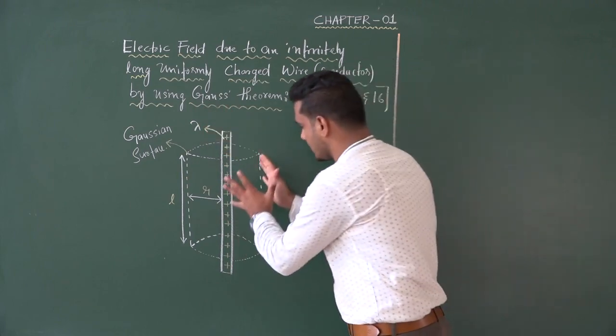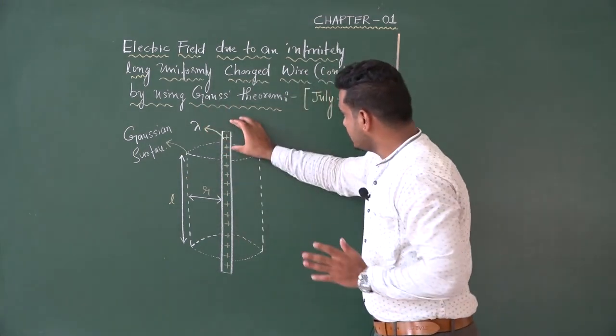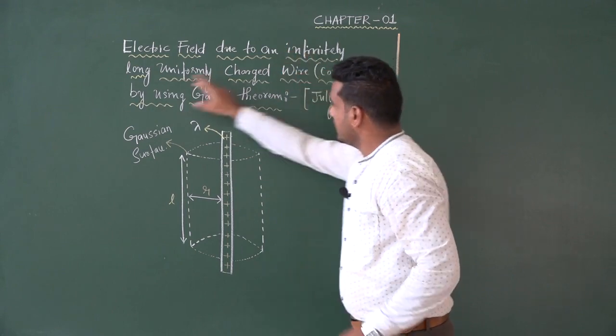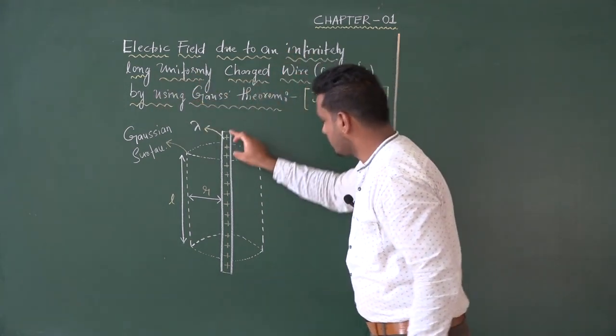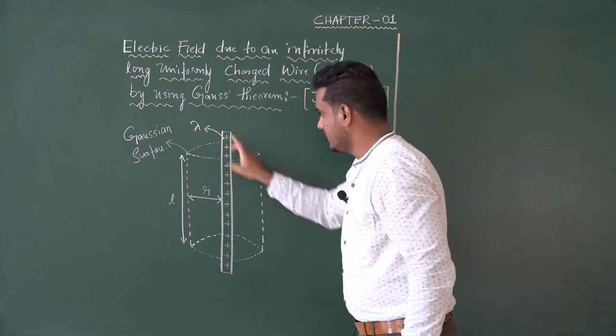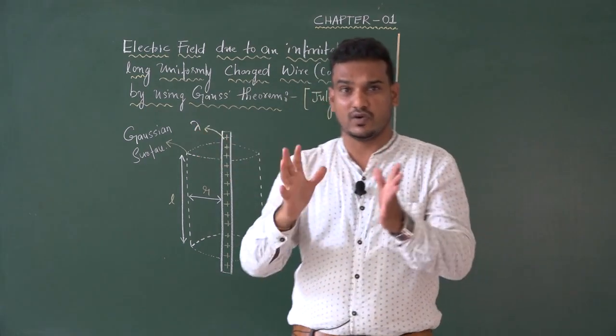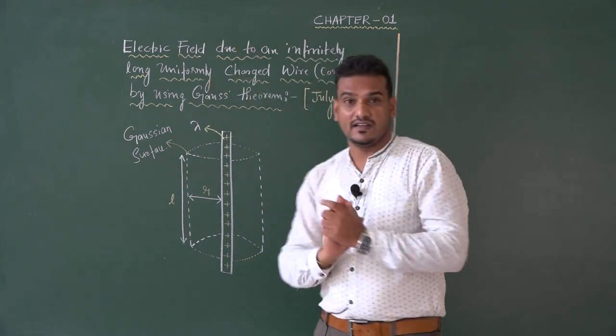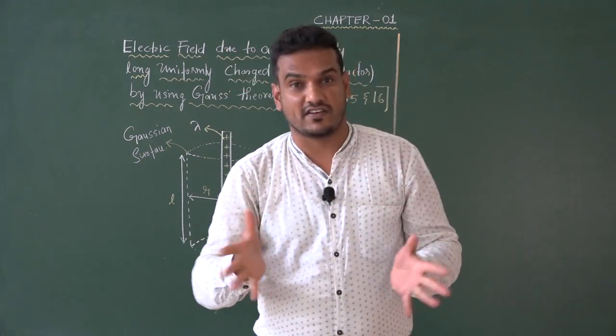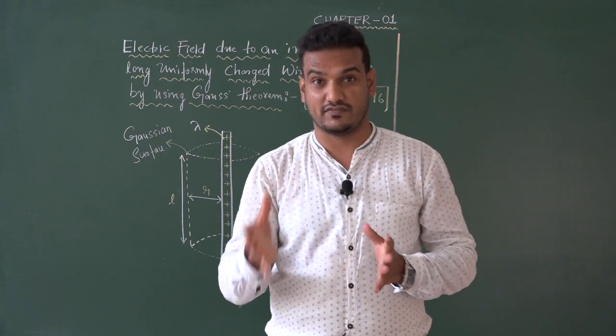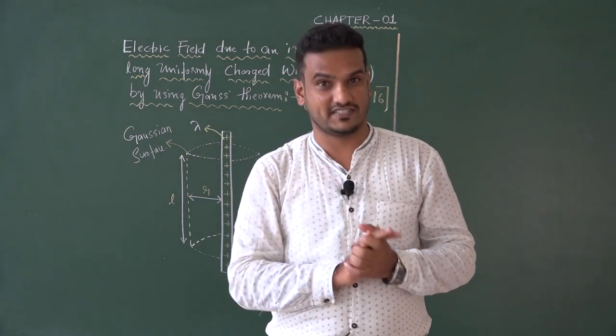So here clearly it is indicating that I consider an infinitely long uniformly charged wire or a conductor having linear charge density. And to understand electric field, I need to consider a Gaussian surface. Even about the Gaussian surface also we learnt in the last class itself.